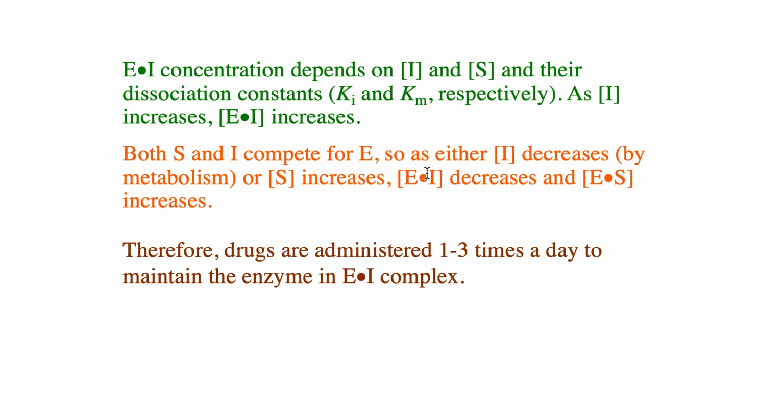The amount of enzyme inhibitor complex high, the amount of enzyme and substrate complex low. And so because that drug's getting metabolized, etc., we have to administer drugs daily to multiple times a day to maintain the enzyme in that complex.